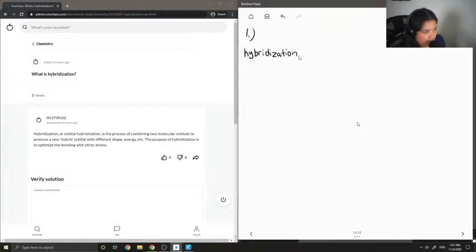So hybridization is basically when you combine two molecular orbitals to produce a new hybrid orbital.